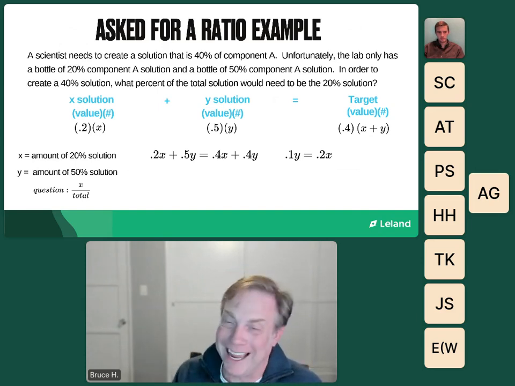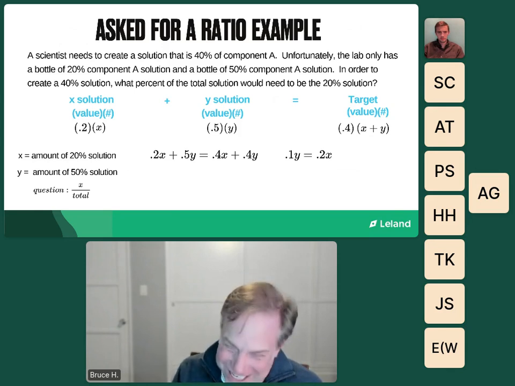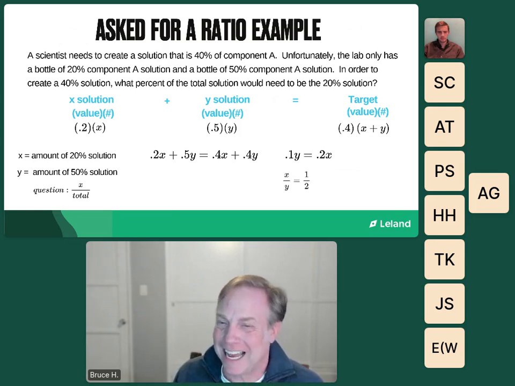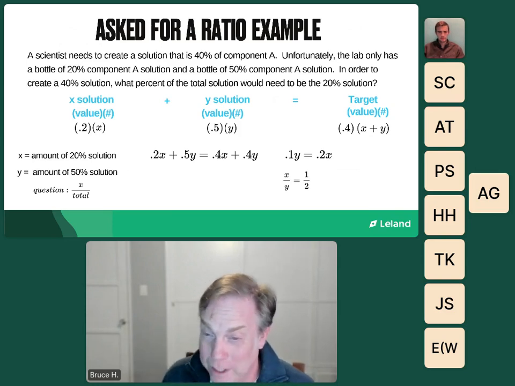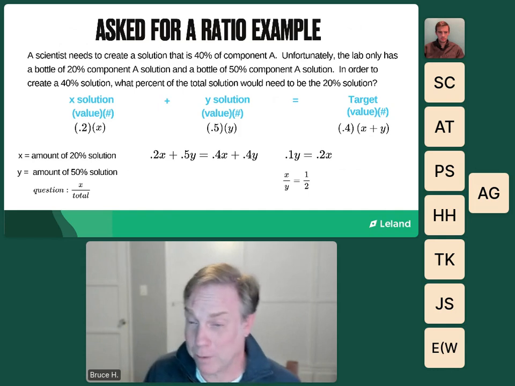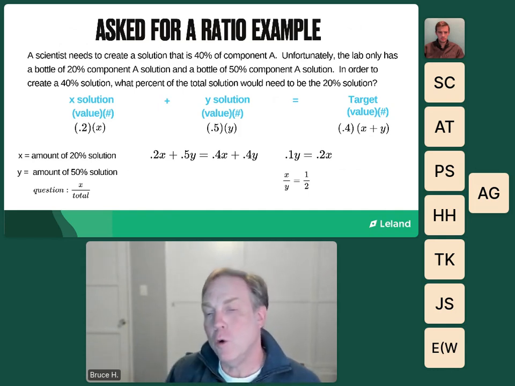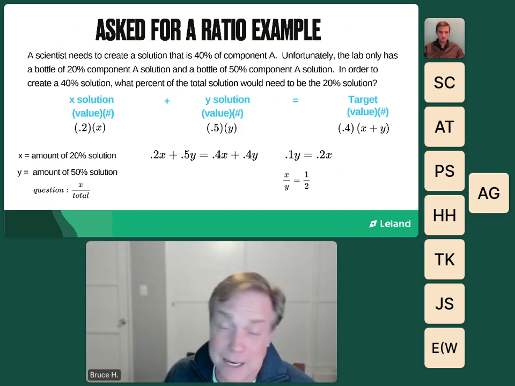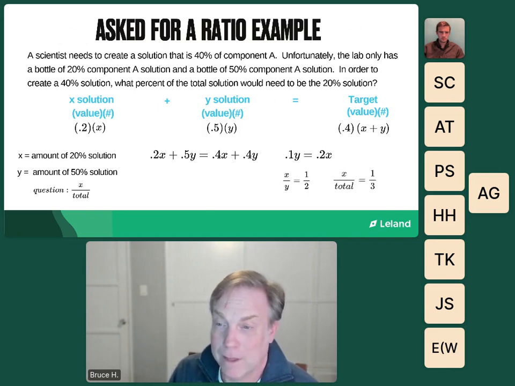And guess what that is? This is another way to write a ratio. That's X over Y is 1 over 2. If you wanted to say X over Y equals 0.1 over 0.2, that's absolutely right. But we can write it as 1 over 2. That is fine. We can multiply top and bottom by 10. So at this point, if X over Y is 1 over 2, X over total must be 1 over 3.